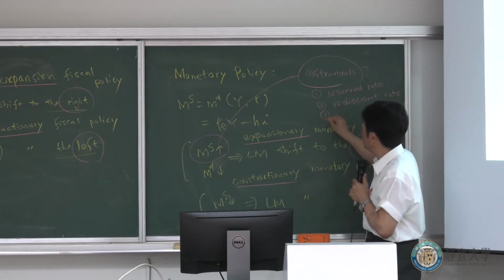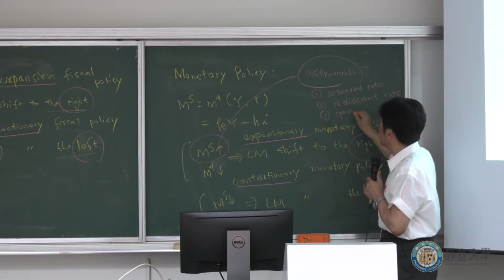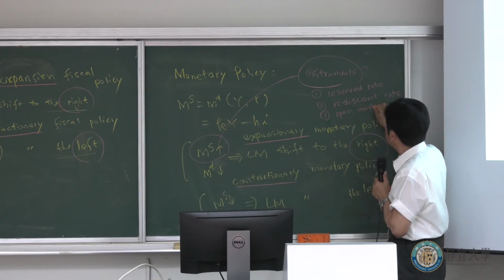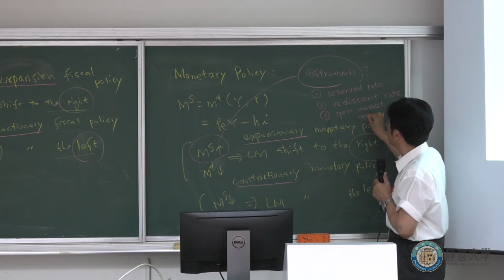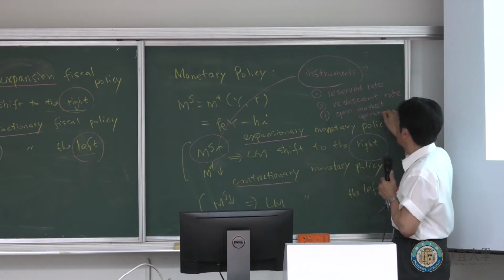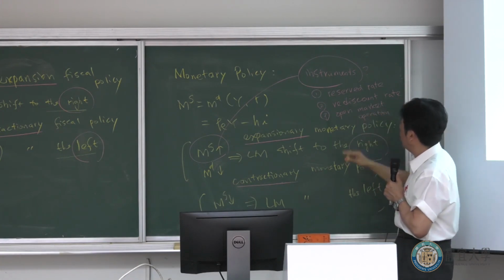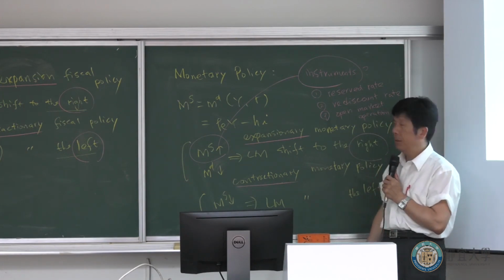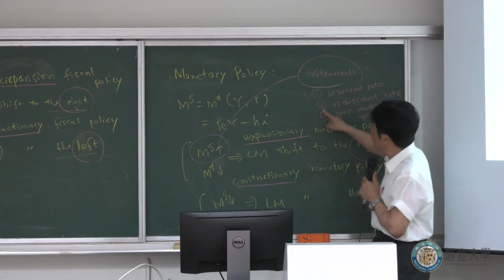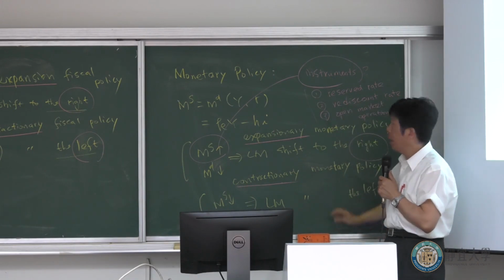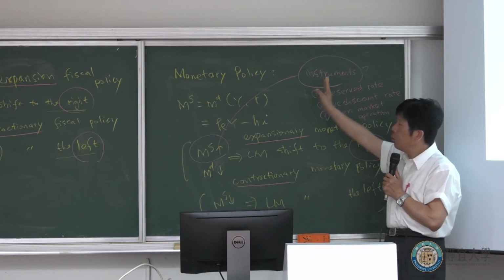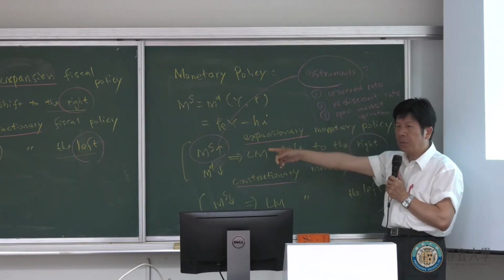And the third one is the open market operation. We call it the OMO policy. So maybe we will talk about it later. These three instruments will change the money supply.